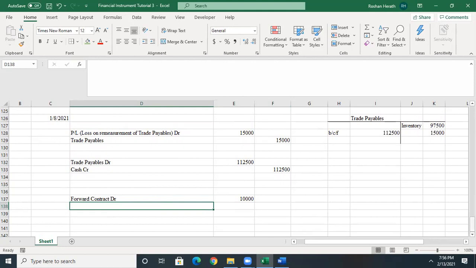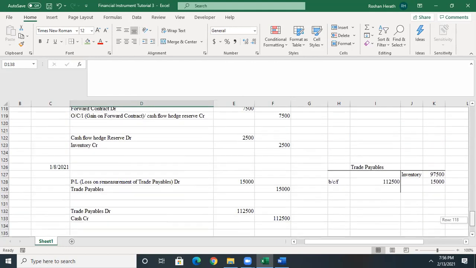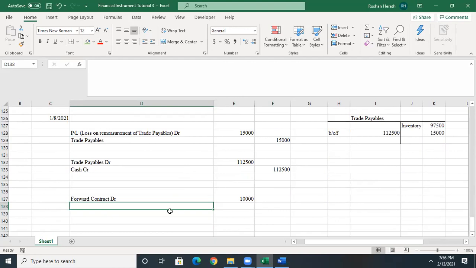Once you recognize the hedge item, from that point onward, the gains and losses that you would have must be taken to the place where you would take the remeasurement gains and losses of the hedged instrument. So hedge item.